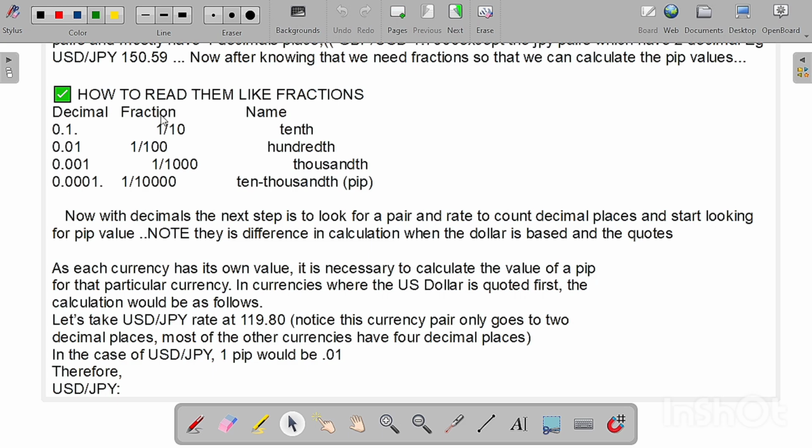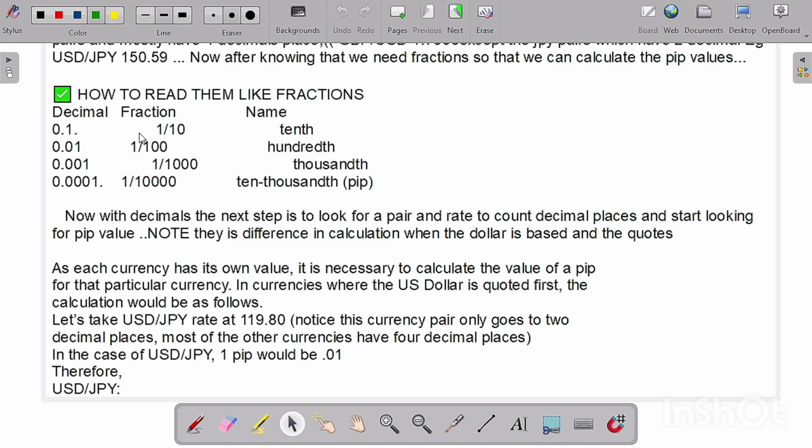When it comes to market execution and we are using lots, the reason is to eliminate a lot of these zeros. Maybe to say I want to buy $2 million. No. You can simplify by dividing to get the number of lots you would like to buy. So you could say I need 10 lots, I need 2 lots. So 2 lots is 200,000, 10 lots is 1 million, just like that.